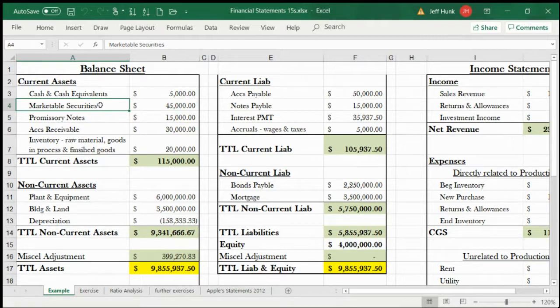They can be easily converted into cash, because if you have stocks or bonds, you can easily sell them immediately, right? There is a market that's readily available.